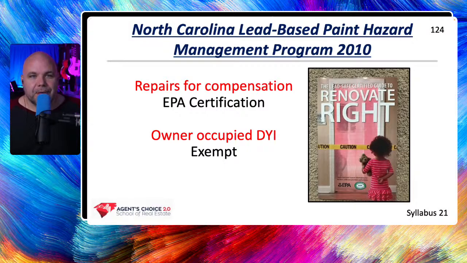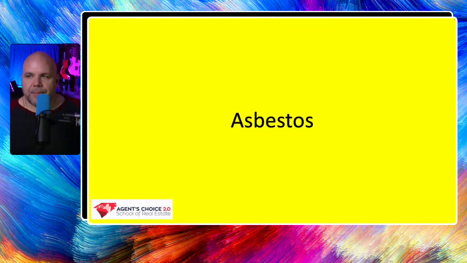The proper way would be to collect those chips, lay out tarps. If you pay somebody to do that work for you, they've got to make sure that none of those paint chips get into the ground. But if the owner's doing it themselves, they are exempt from the requirement. So that's lead-based paint for the most part.